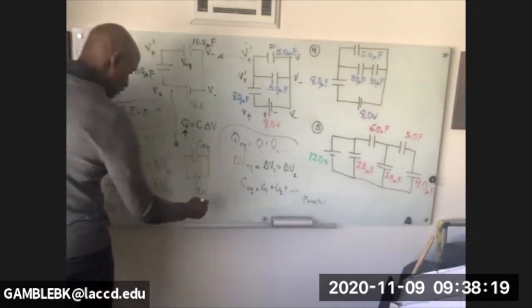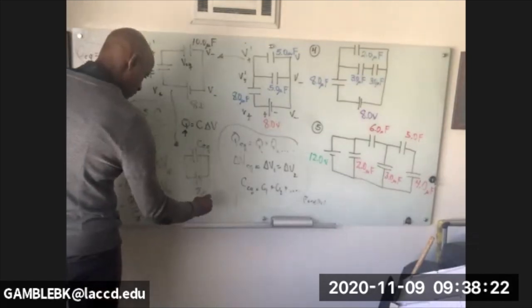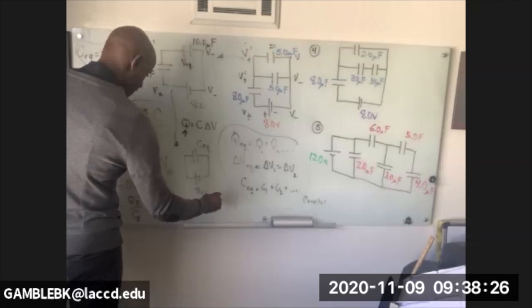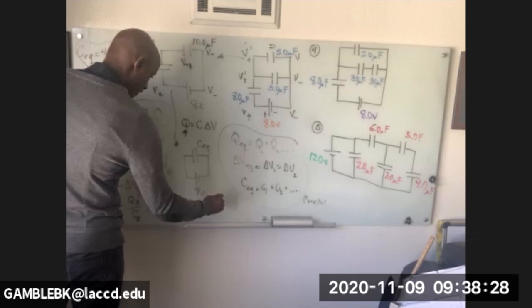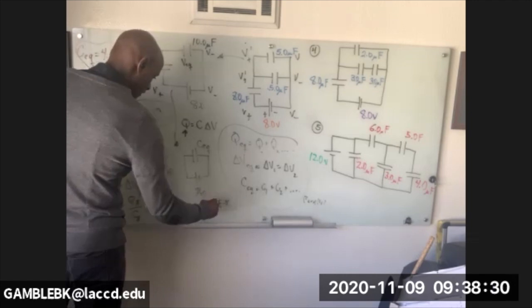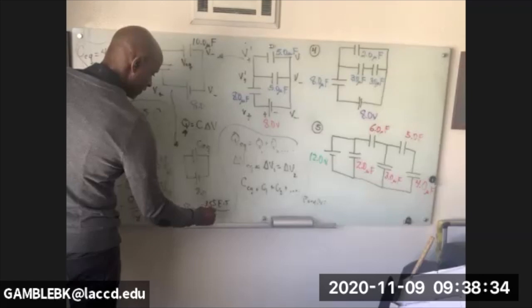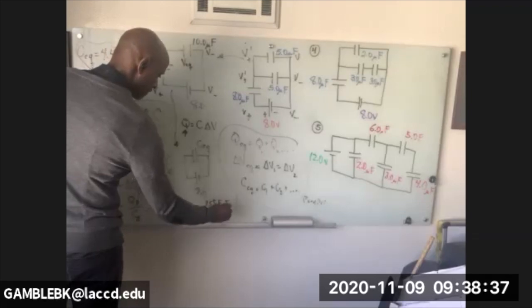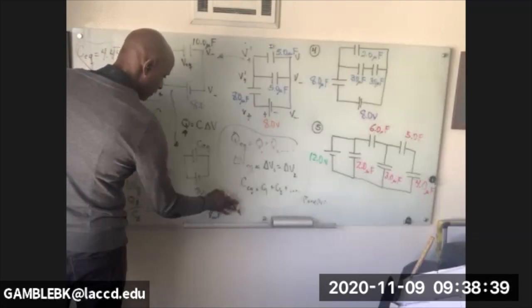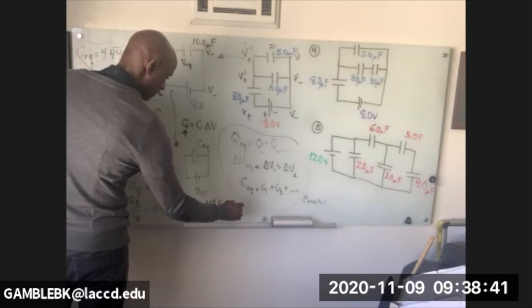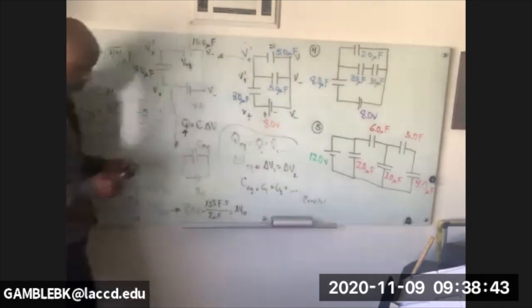So that's 3.55, so minus 3.55 E negative 5 divided by the 8 microfarads. And that's going to give me the voltage across that guy, delta V10.